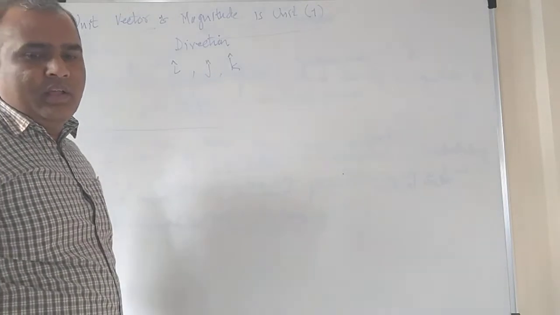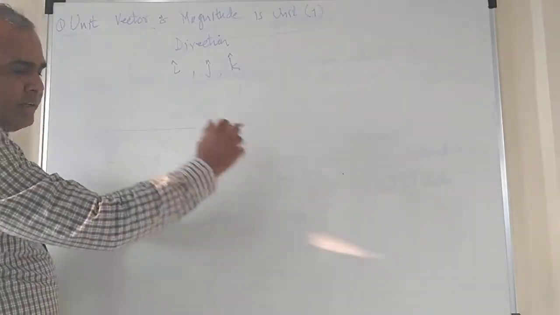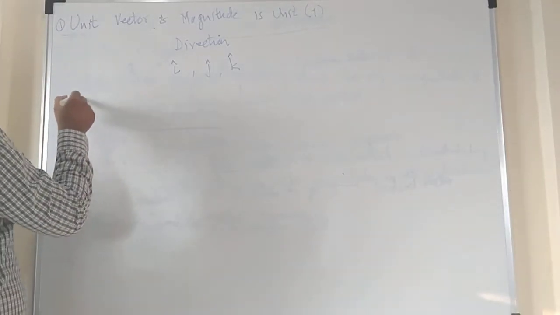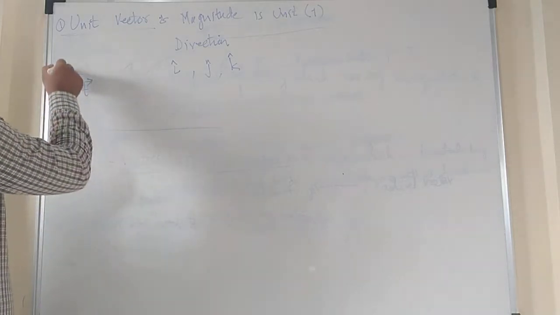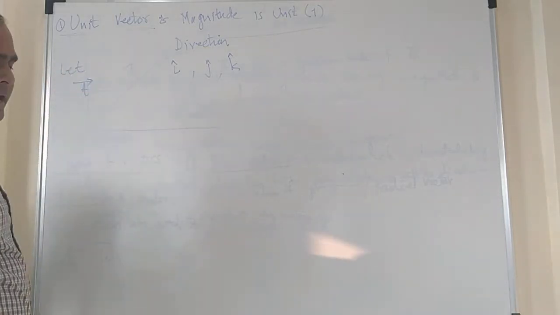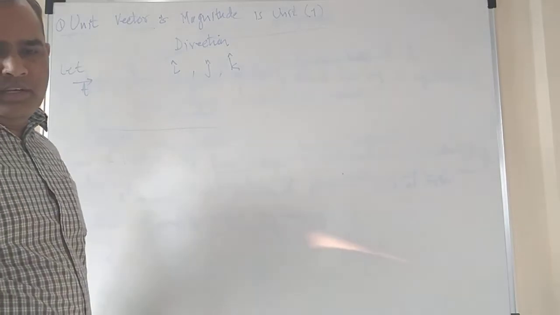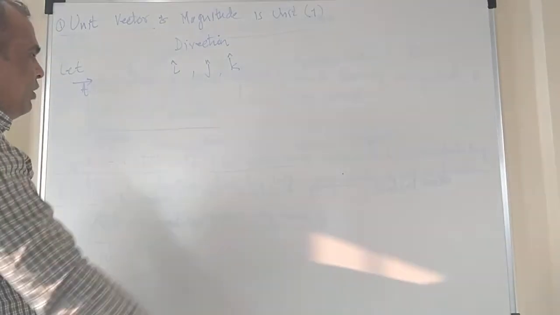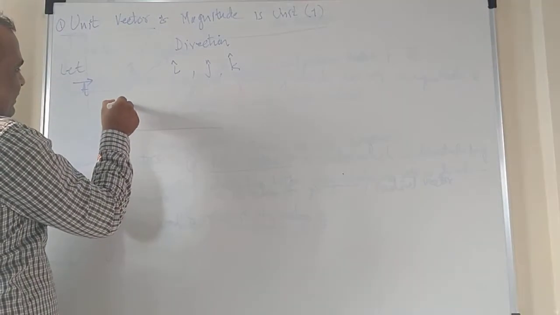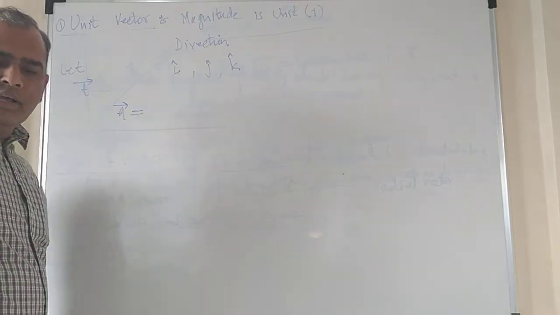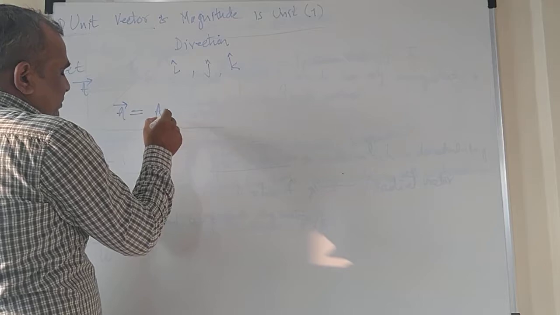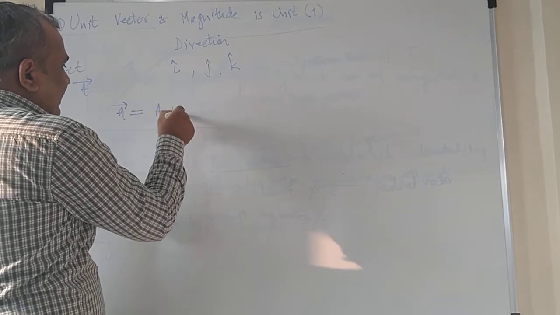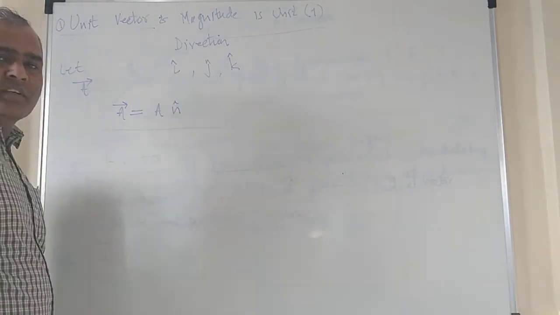Got it? Now for this unit vector, suppose A is your vector, and let us consider A bar is any vector. Then the vector A bar is equal to the magnitude of the vector into the direction n cap.